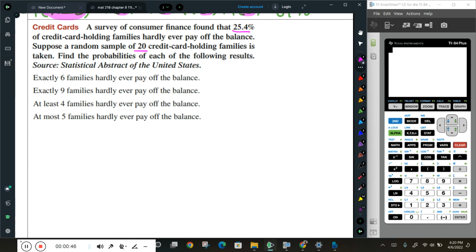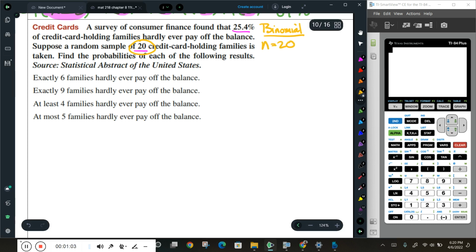Okay. All right, so I read a whole bunch in here, and I'm thinking it's binomial, mostly because I'm in the binomial section, but I think it's binomial for other reasons too. Because it looks like we're doing the same thing a bunch of times. That is, we are knocking on 20 doors, and we are asking them the question, do you ever pay off your balance?